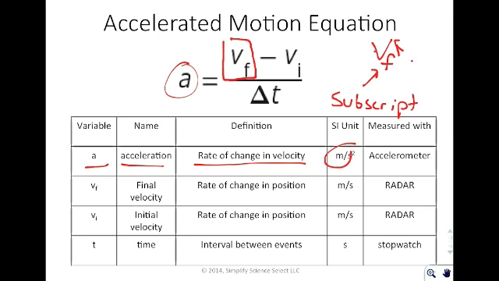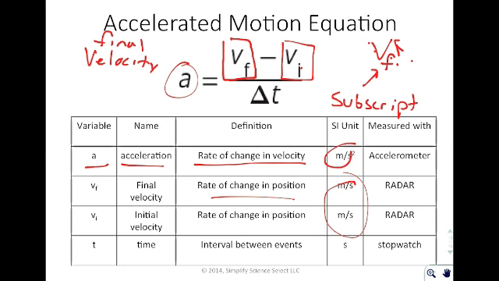They're not two separate things. It's a v, with an f that describes the v. So v is still a velocity, but because it has an f with it, it stands for final. This is still a velocity, but because it has an i, it stands for initial. But they're both measurements of velocity. They both are measured in meters per second.